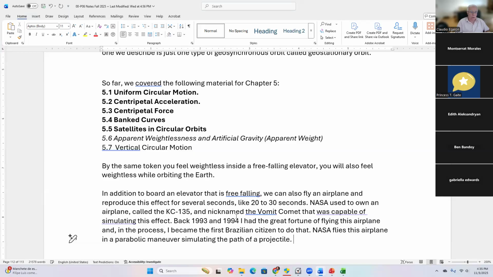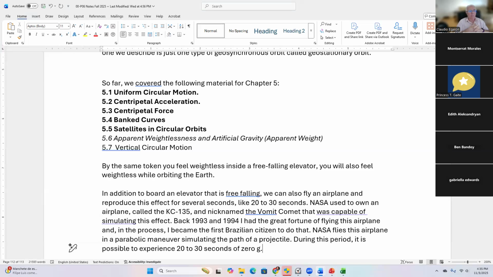During this period, it's possible to experience 20 to 30 seconds of zero G.